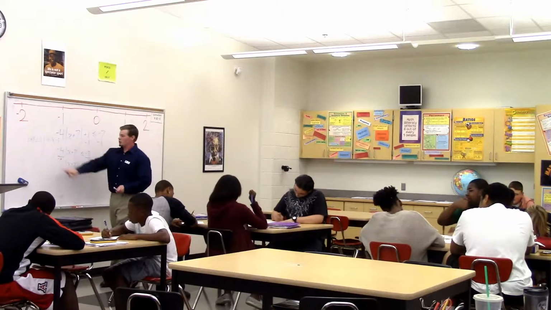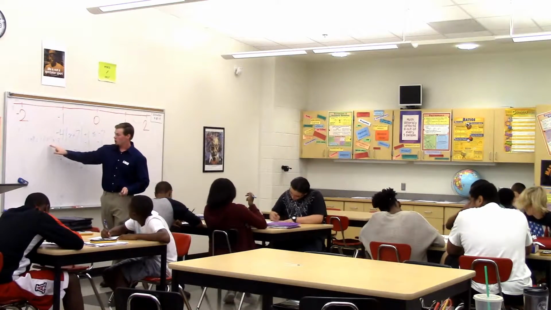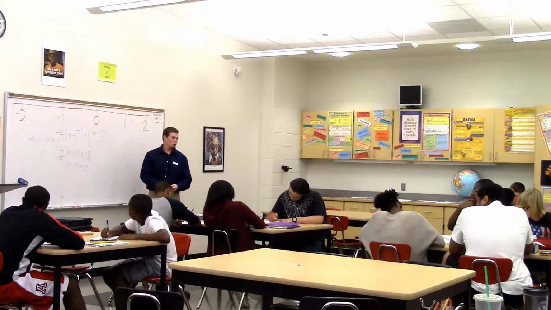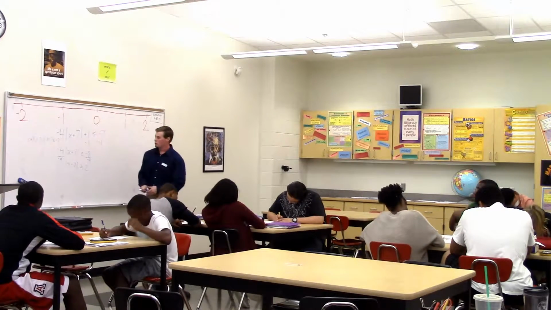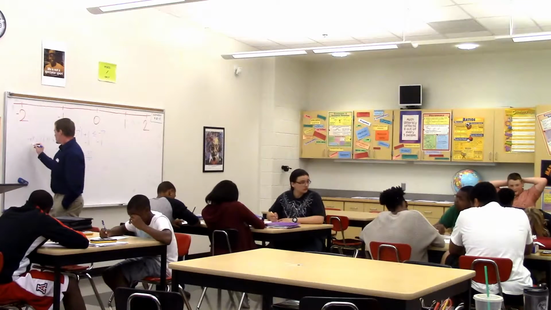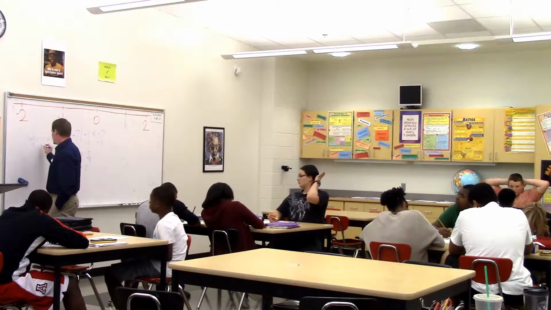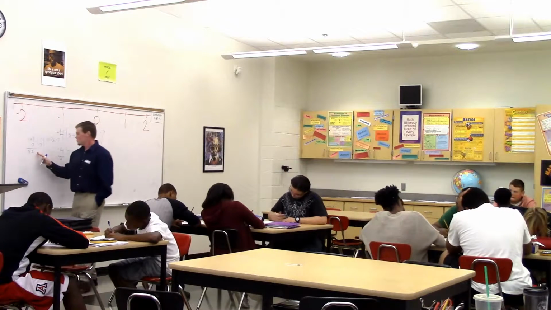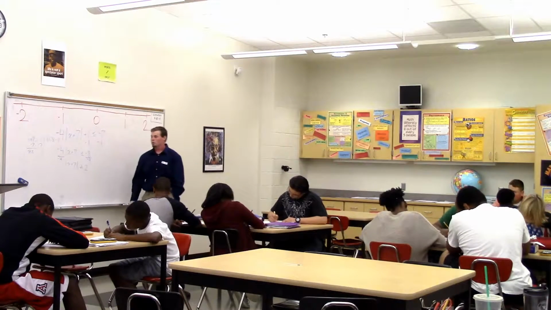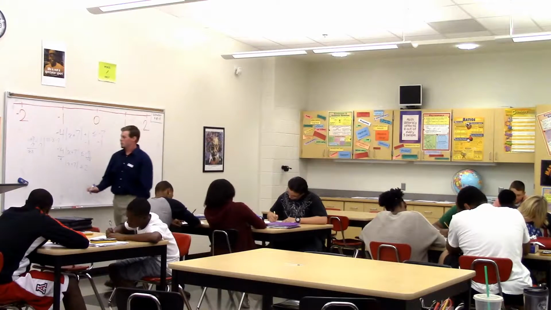Alright, so now that we have both of these inequalities, what do we do? Subtract 7 from both sides. So we subtract 7 from this one, and we get x is greater than or equal to, what's 2 minus 7? -5.